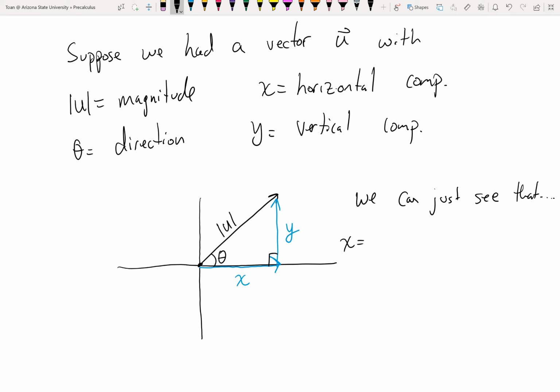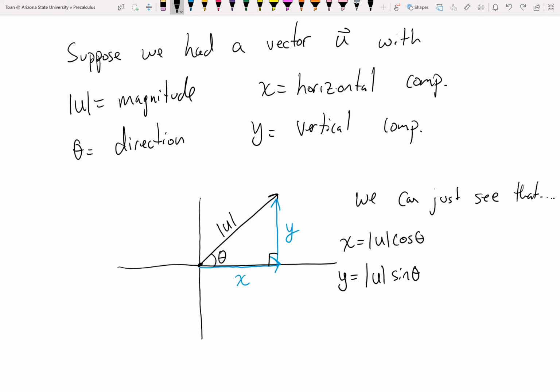So we can just see that the x component is just magnitude cosine theta. The y component is magnitude sine theta, right? Gee, doesn't that sound familiar? X is r cosine theta. Y is r sine theta. The only difference is instead of calling it r for radius, we use the notation for magnitude.